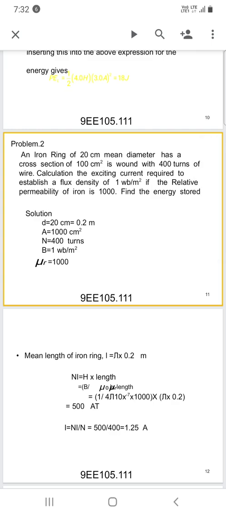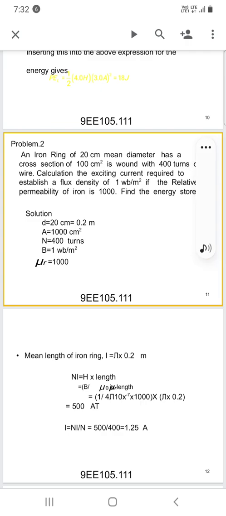Calculate the exciting current required to establish a flux density of 1 Weber per meter square.